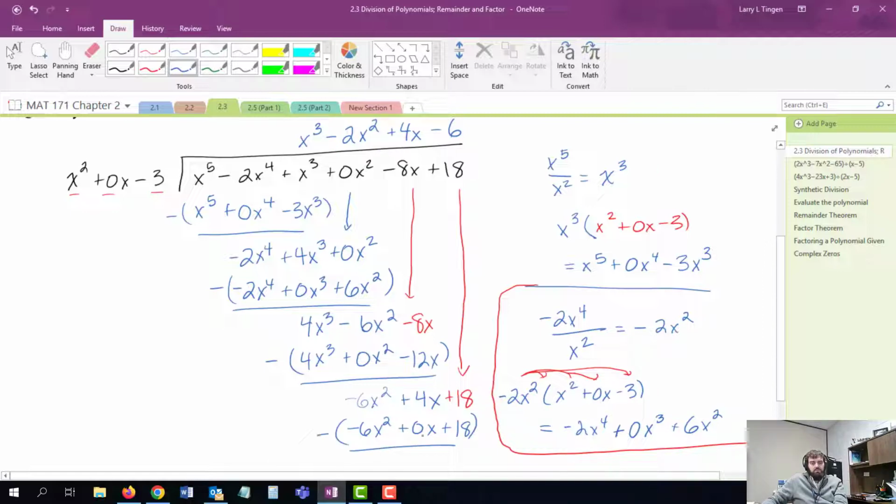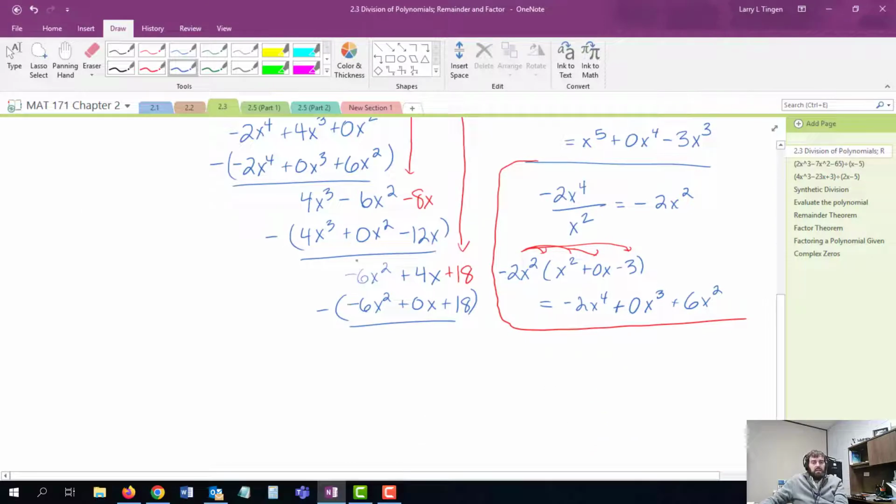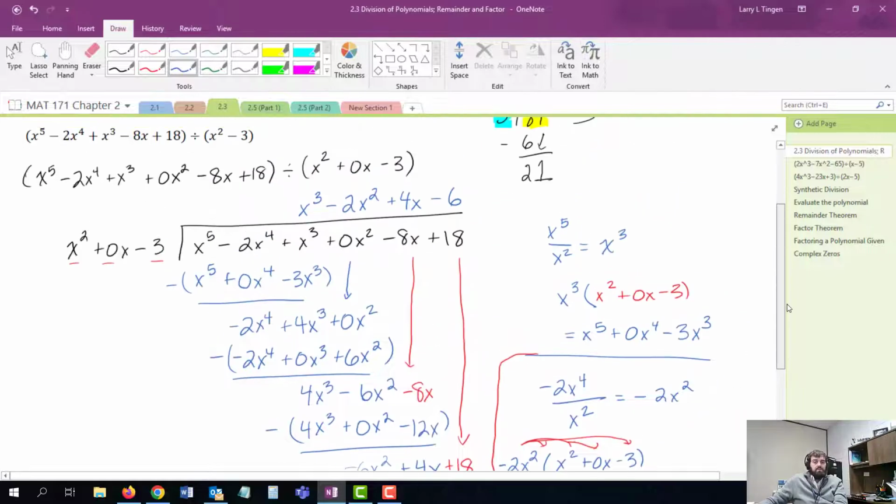Subtract. And I find negative 6x squared minus negative 6x squared is 0. 4x minus 0x is 4x. 18 minus 18 is 0. And I'm done. All right.